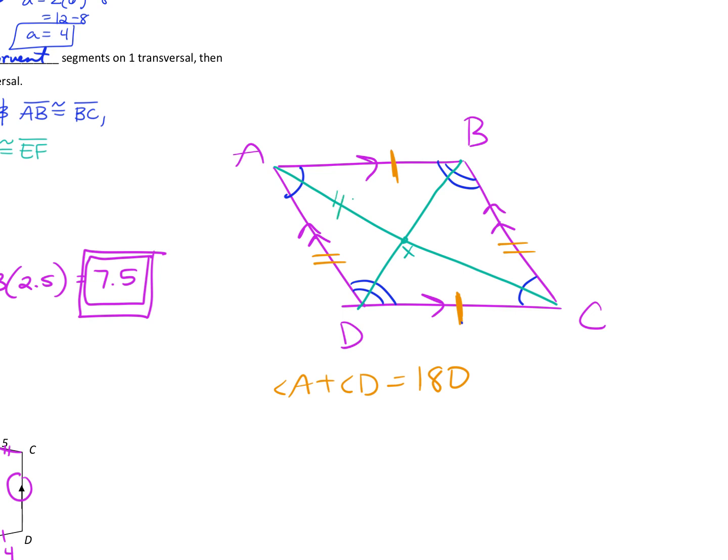What is AX congruent to? XC. Yep. What is DX congruent to? BX. Okay, so diagonals bisect. Opposite angles are congruent. Consecutive angles are supplementary. Opposite sides are congruent.